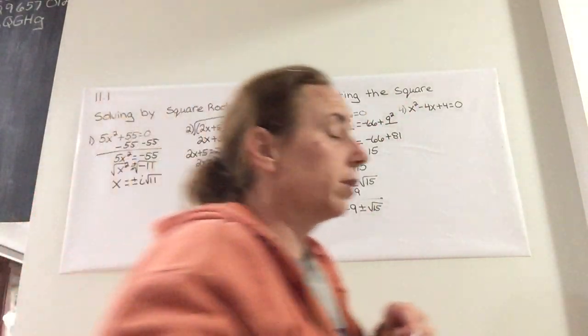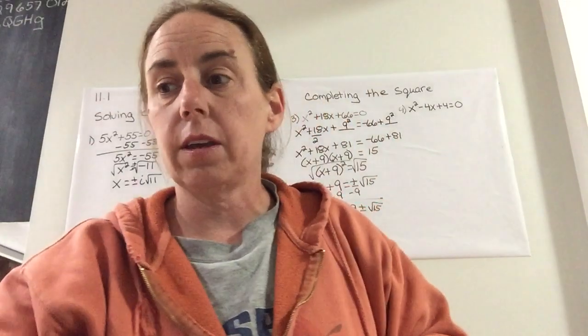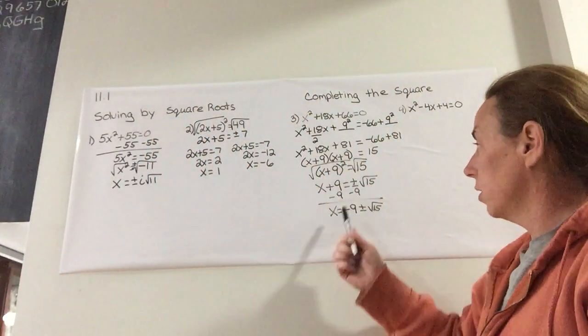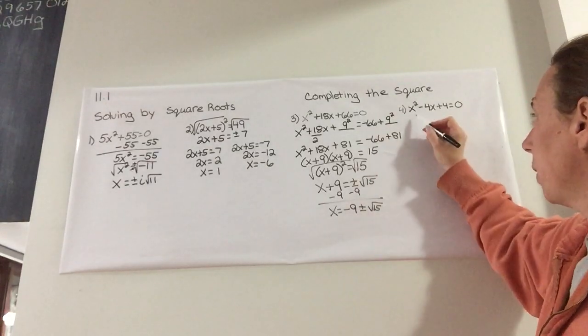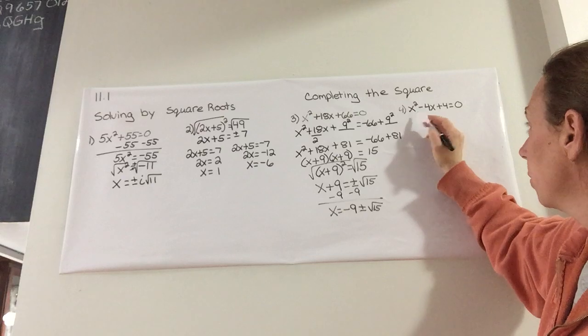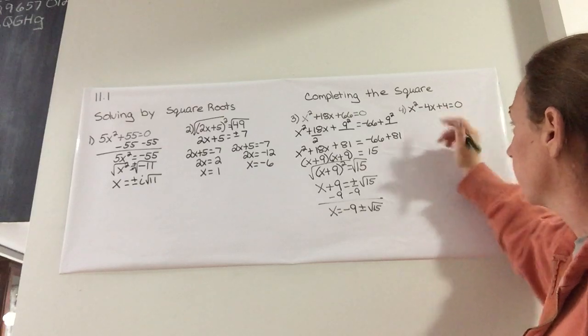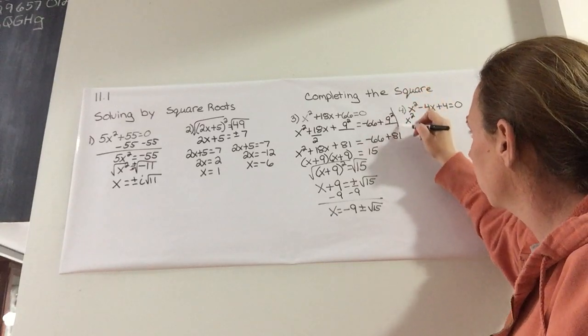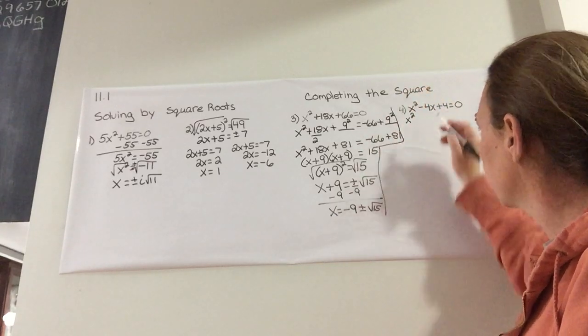Now let's go on to this one. We're going to do the same thing as we did in this problem. I may have to erase some of it, but hopefully I don't write on the wall this time. So again, we're going to move this 4 to the other side. So I've got x squared, I'm just going to draw a line through here. There we go.